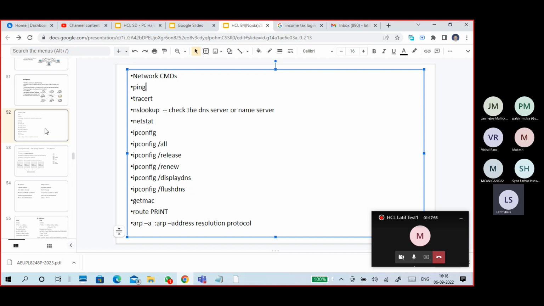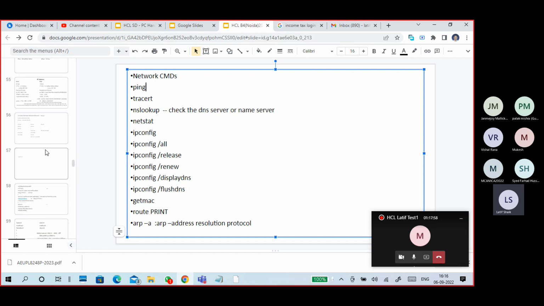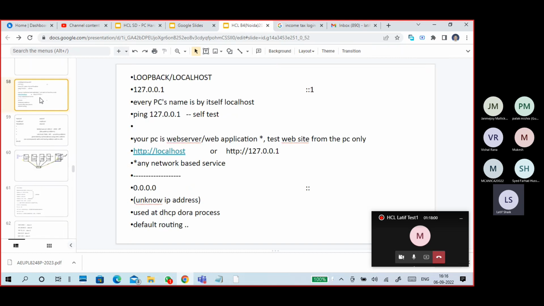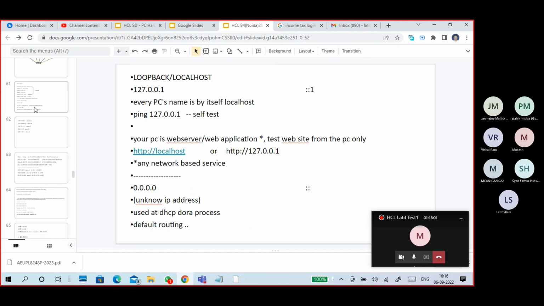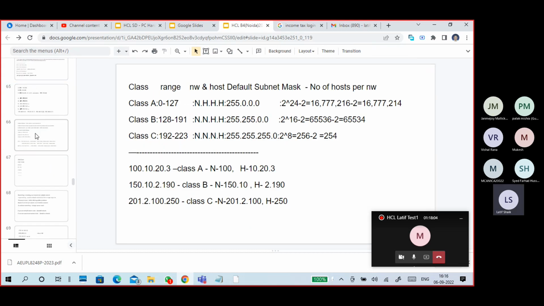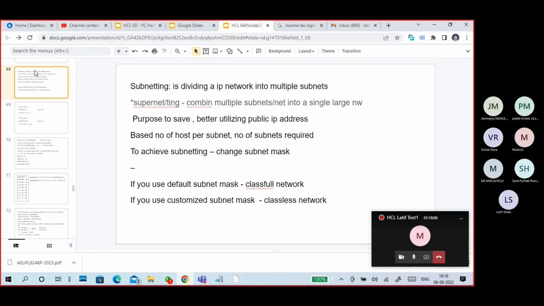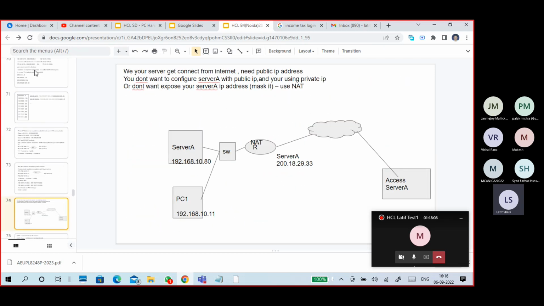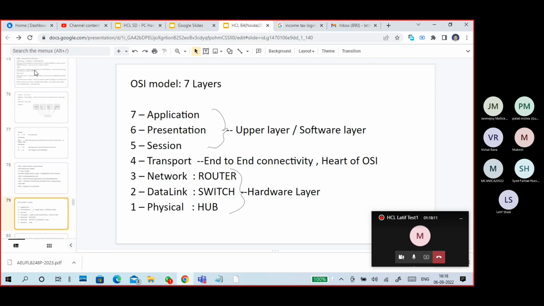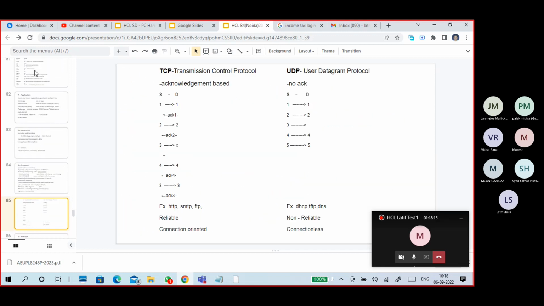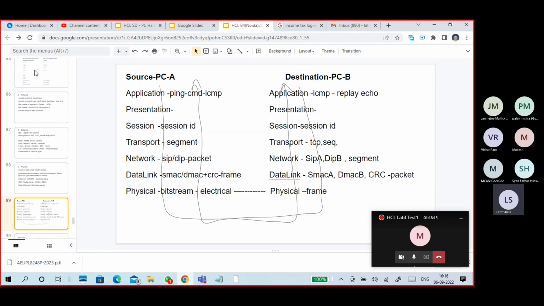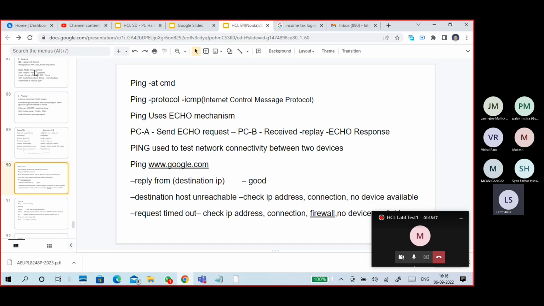Actually, I have written about the ping command in different places. A lot of commands we use. There it is.